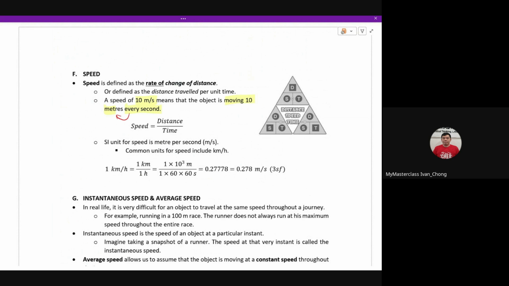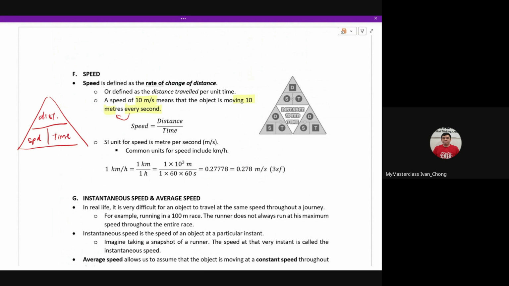So for some students, this might be easier for you to see. Better to write it out in words. Your distance is your speed times time.